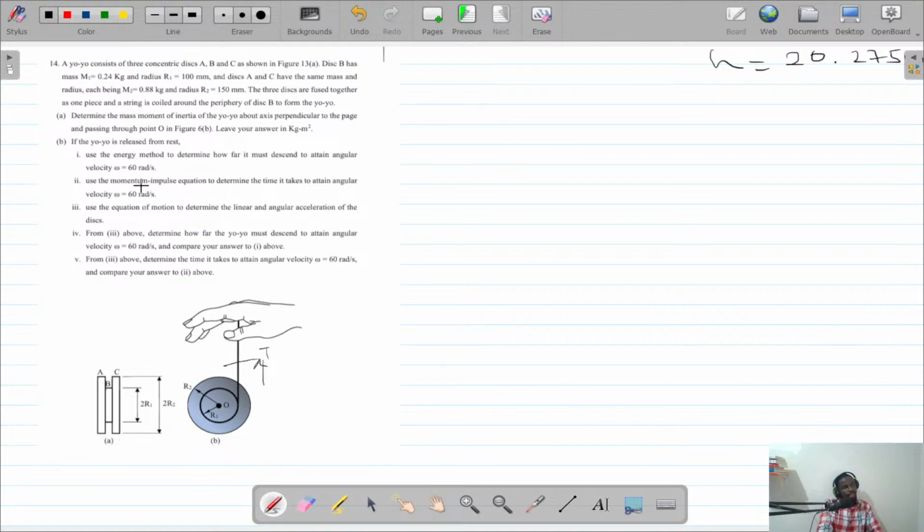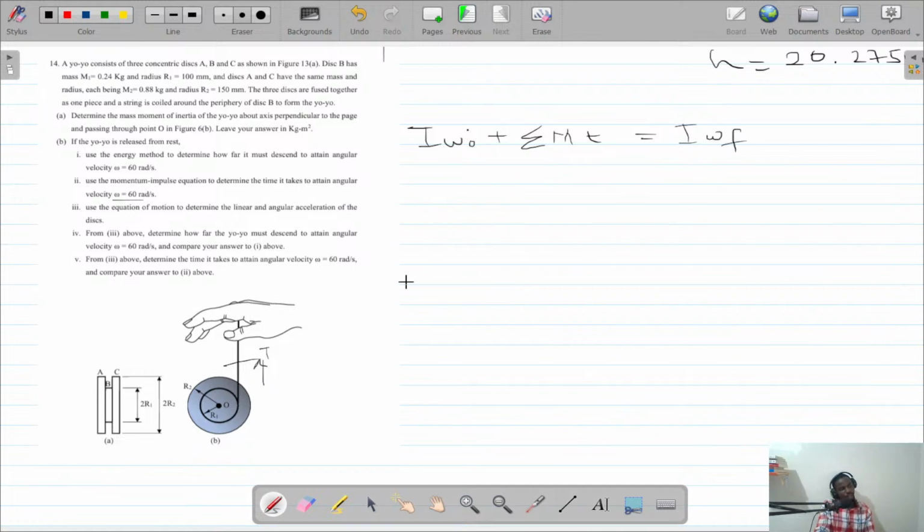Here they give us the rotation, so we can say I omega naught plus sum of moments times t should be equal to I omega final.